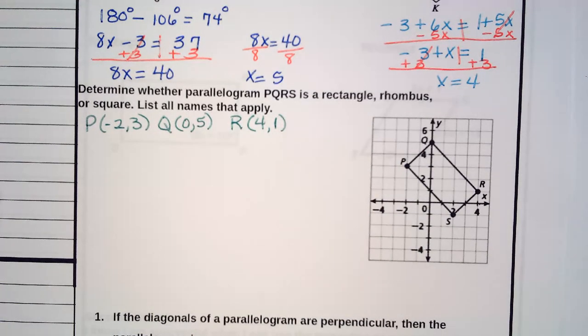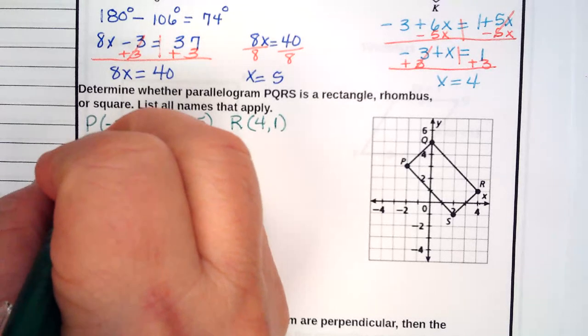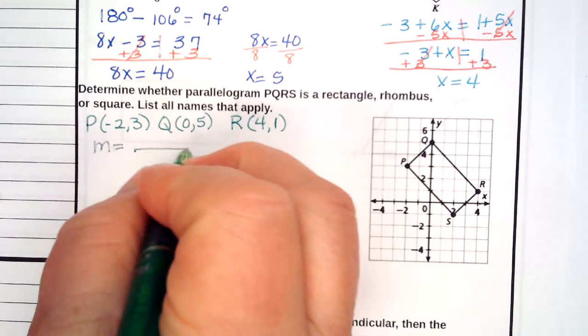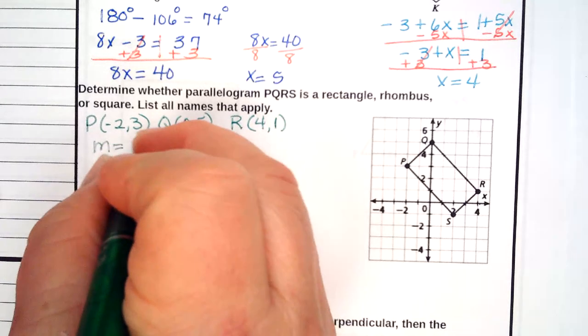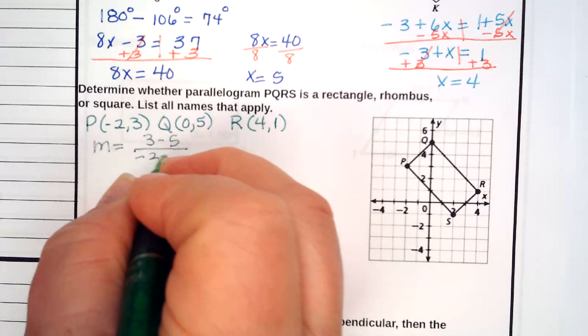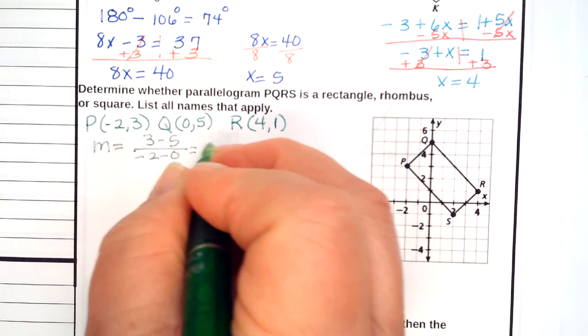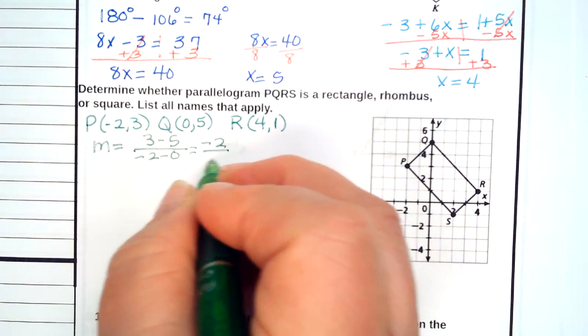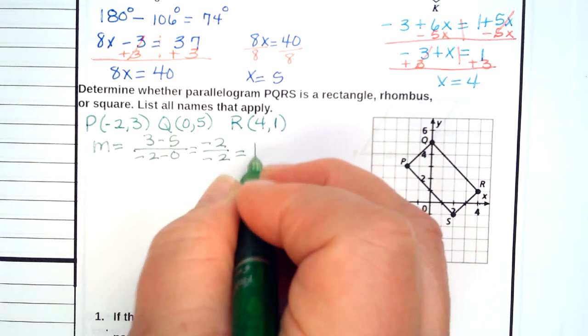So let's look at slopes now. If I'm looking at the first one, 3 minus 5 over -2 minus 0. That gives me -2 over -2, which is +1.